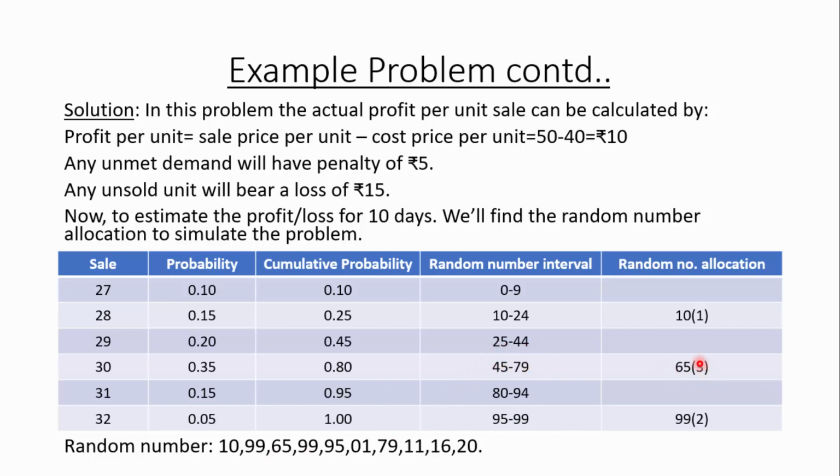So this is the third event, which is having the random number 65, and this has the potential sale of 30. So from here we can calculate the potential sale for the next 10 days. So we will calculate the random number allocation for the remaining random numbers. So this is our calculation.